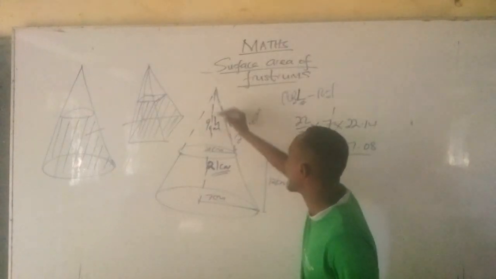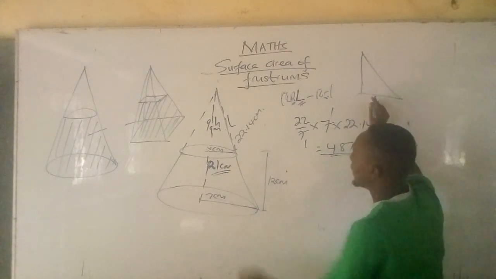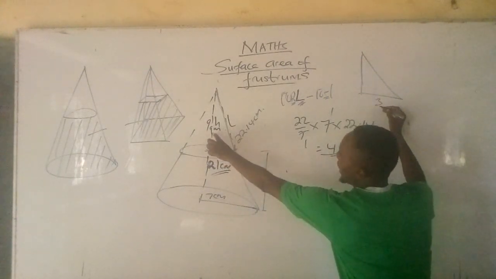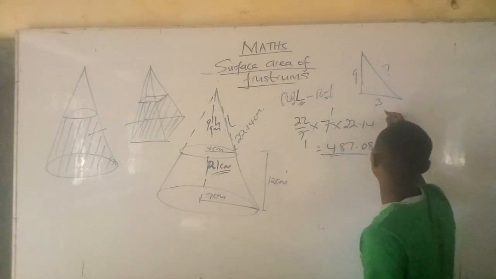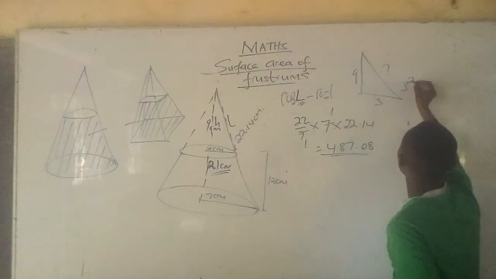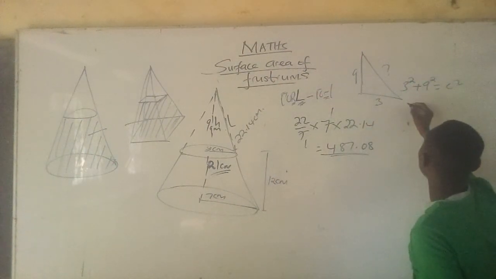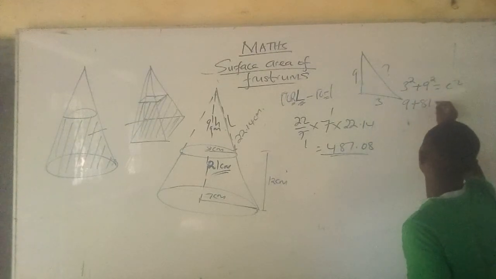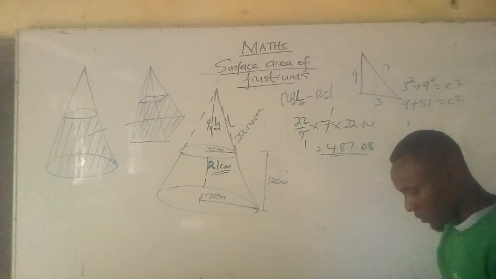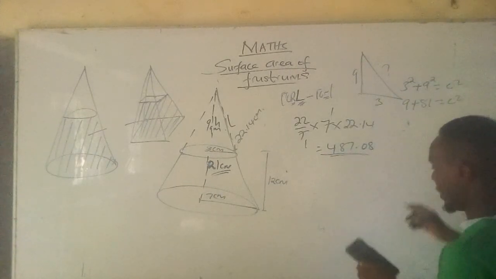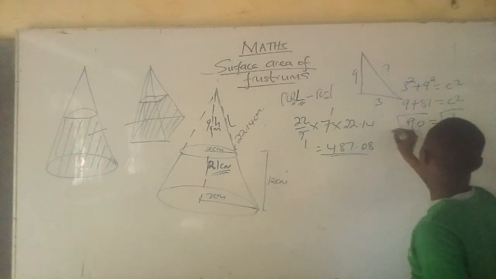Now, we are also going to use the same method to find the slanting height of the smaller cone. How do we find it? Suppose that is our triangle. Our base is 3 and our height is 9. So we use the same method of Pythagoras. 3 squared plus 9 squared is equal to c squared. So that becomes 9 plus 81 is equal to c squared. 81 plus 9 is 90 is equal to c squared, square root on both sides.